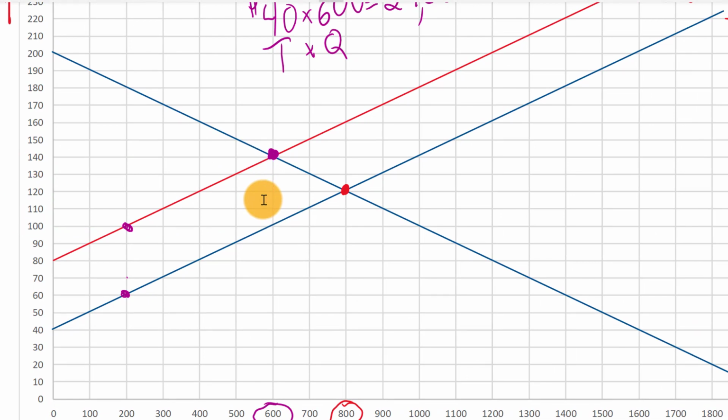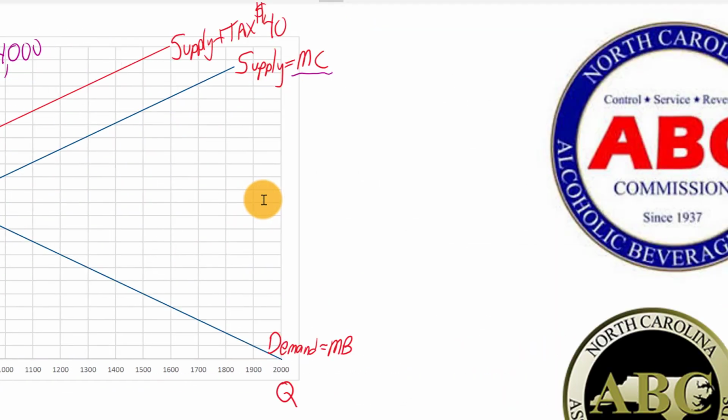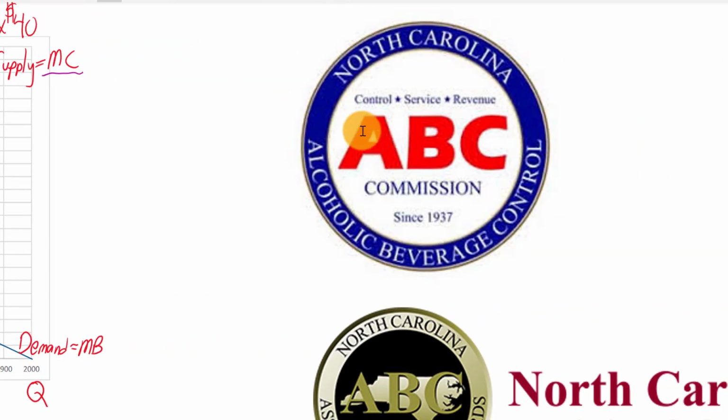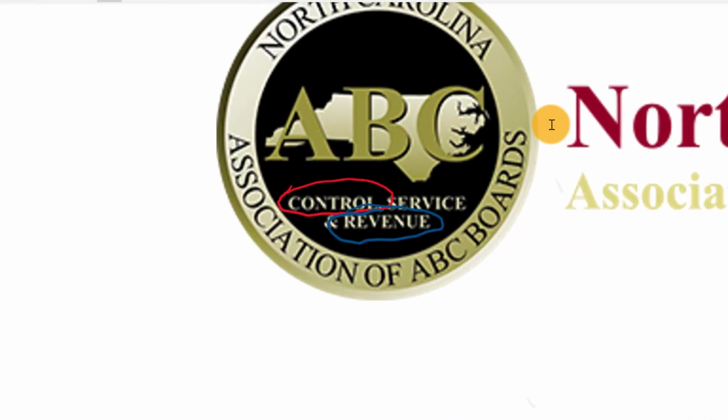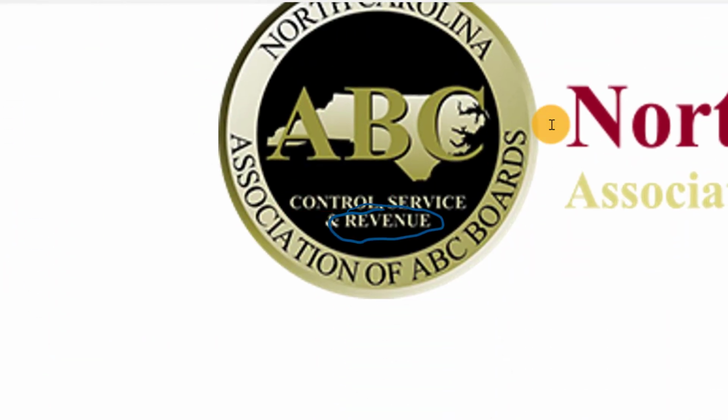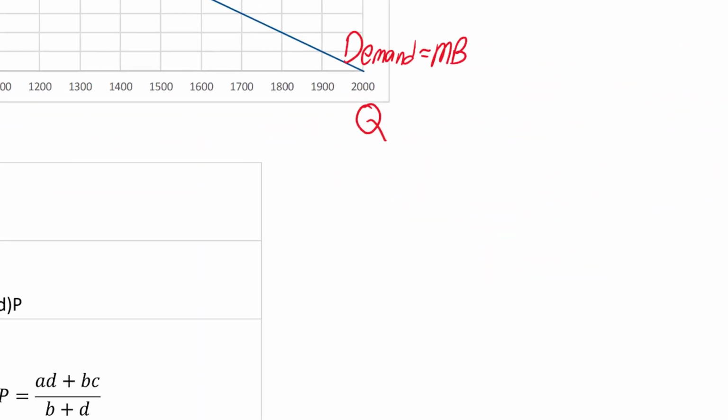So suppose instead of the logo just being control, service, and revenue, suppose it was just revenue. That's all you cared about was we want to sell marijuana and we want to get the highest tax revenue possible. I wondered to myself, well, how big of a tax would you want to set to maximize the tax revenue? So let's look at that.